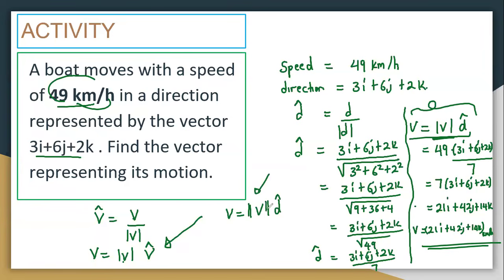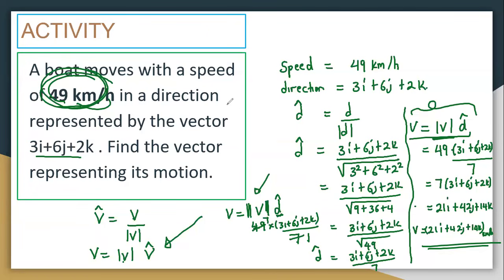Now, when we reach that point, this V times the direction, this one is the magnitude. And when we are dealing with velocity, its magnitude is the speed. And when you look at the question, they had given us the speed, the magnitude, as 49. So where you have this is where you place 49, then times the unit direction vector that you have obtained. And for our case here, we had obtained 3i plus 6j plus 2k out of 7. But since this is multiplication, this 7 can reduce with the 49 here, and you get 7.